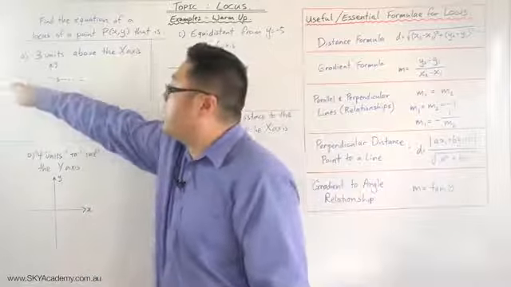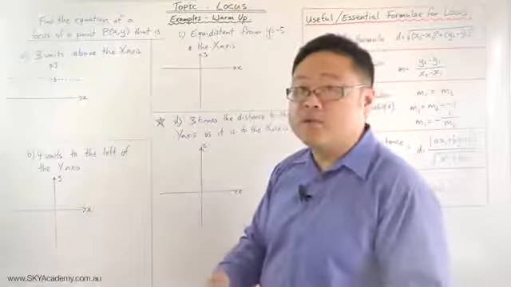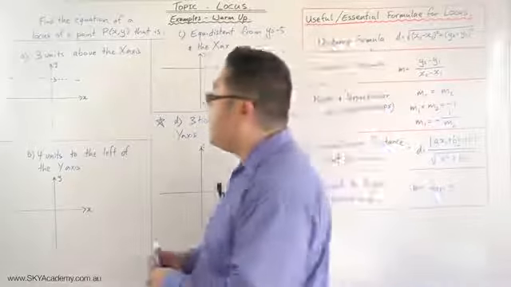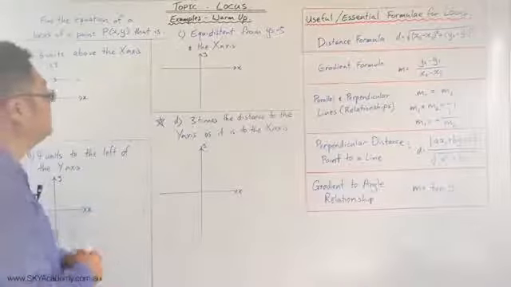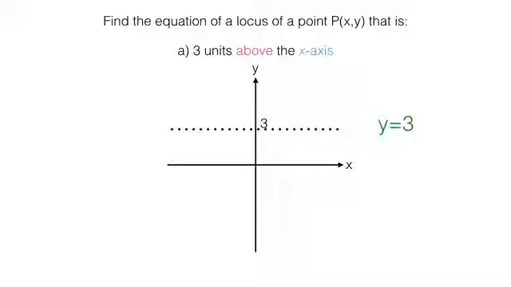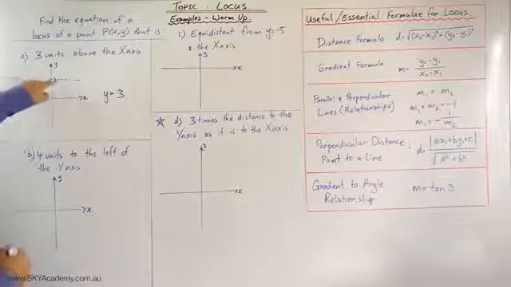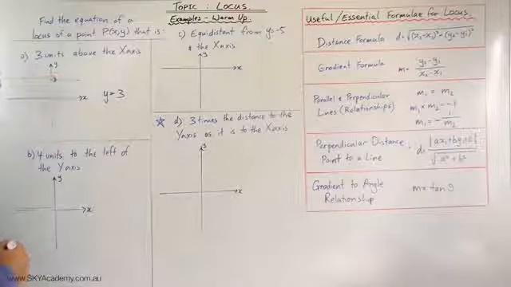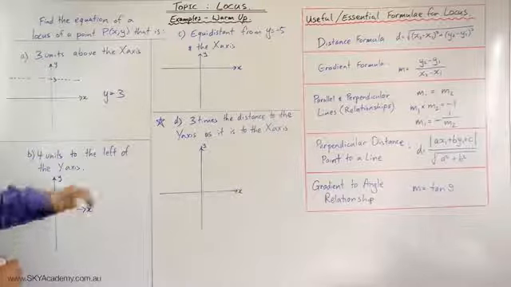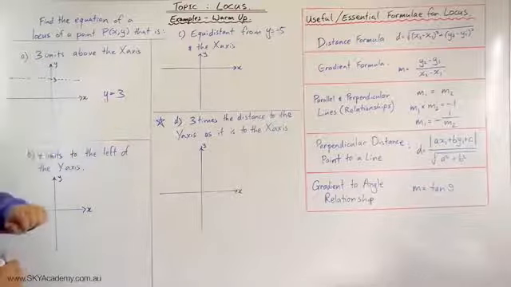So here we go. It's basically a horizontal line, which will have the equation, what will that be? y = 3. Because every single point on that line has a y coordinate of 3, even though your x coordinate is changing, yeah? So it's y = 3.